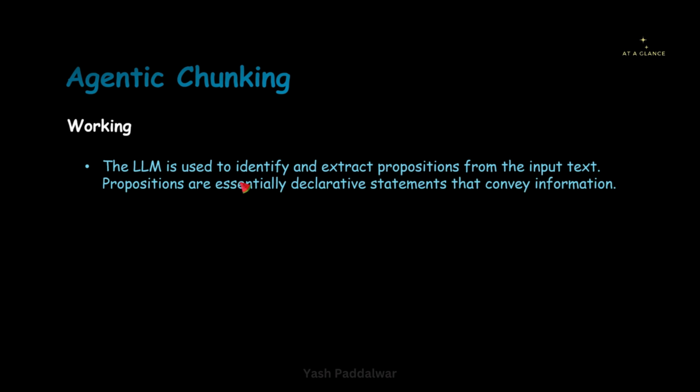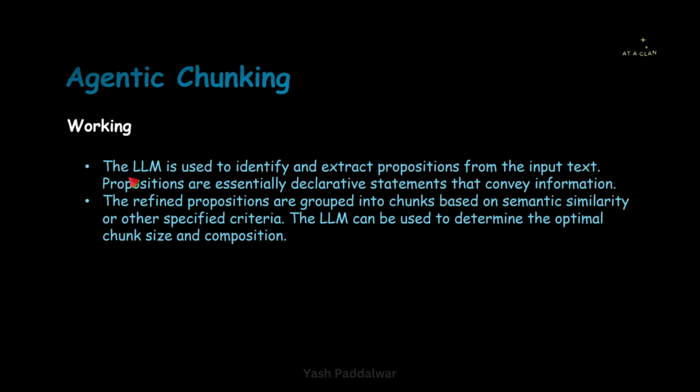Now, once these propositions are created, these refined propositions are grouped into chunks based on semantic similarity or other specified criteria. One thing to note, this second step is optional and variable. Yes, you can use the propositions themselves as chunks. Otherwise, you can go for the next step. You can create your custom chunks out of those propositions based on any of the chunking strategies that we have seen before.